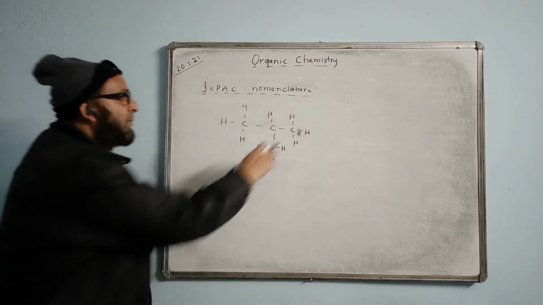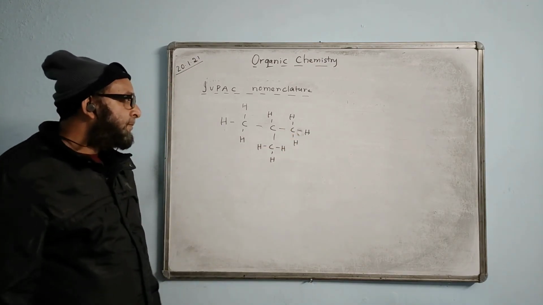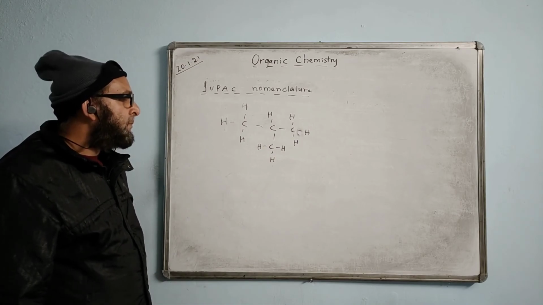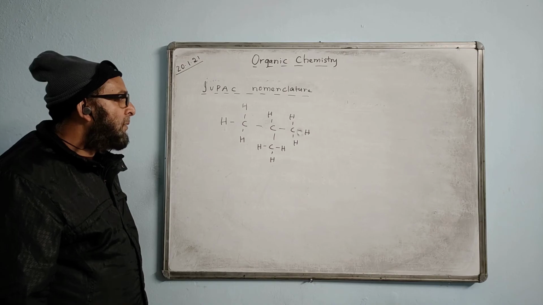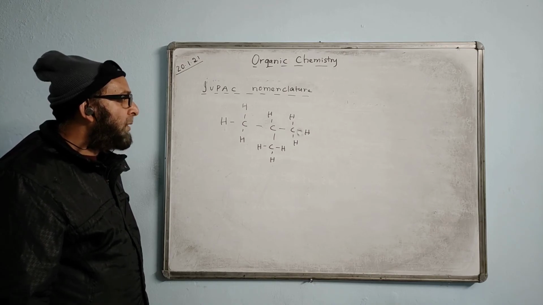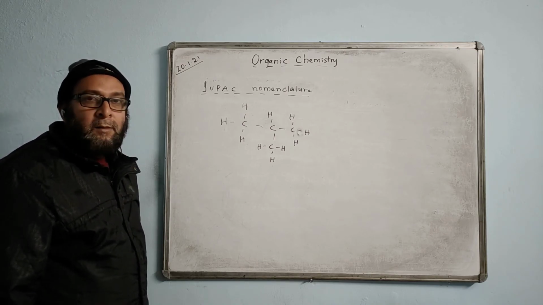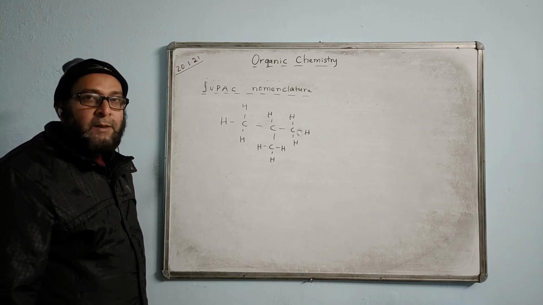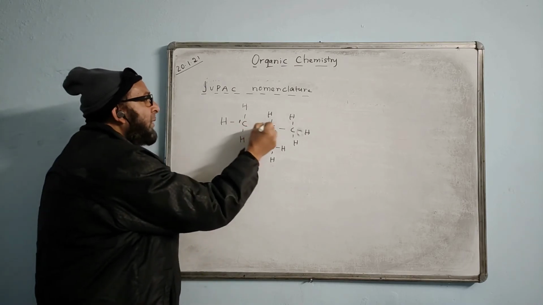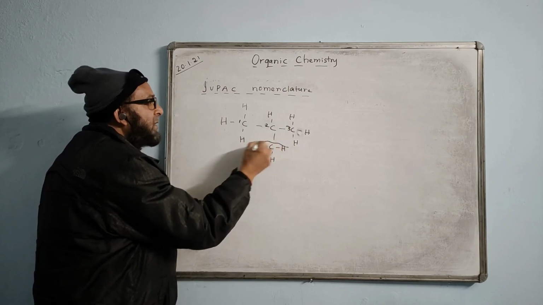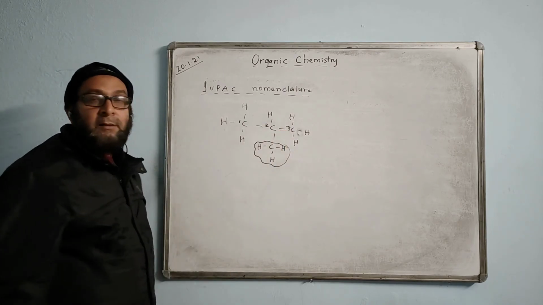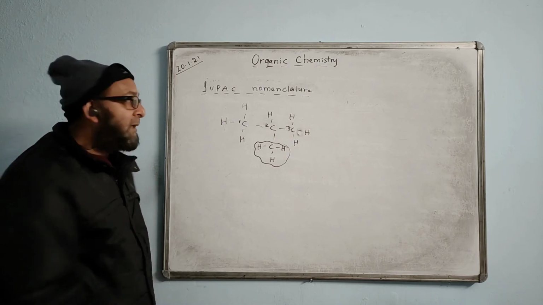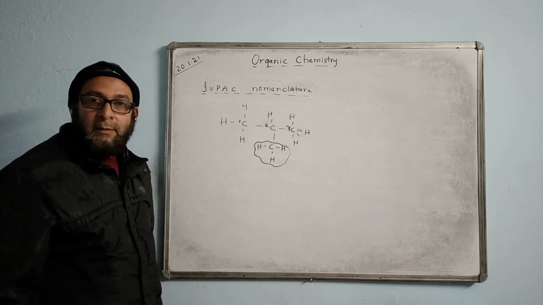What is the name? 2-methyl propane, because you are giving the number here 1, 2, 3. 2 is keeping CH3. CH3 is methyl. 2-methyl, last number is 3. That is propane. Single bond. 2-methyl propane.